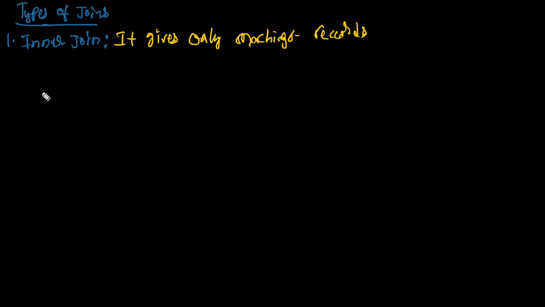So just for example, I have a table 1 and I have a table 2. If I want to get only matching records, this part only you're going to get.